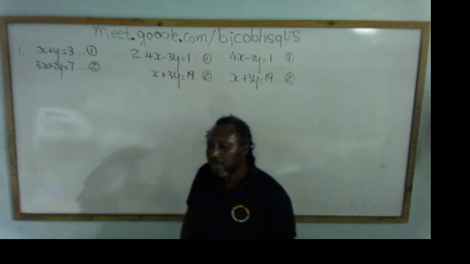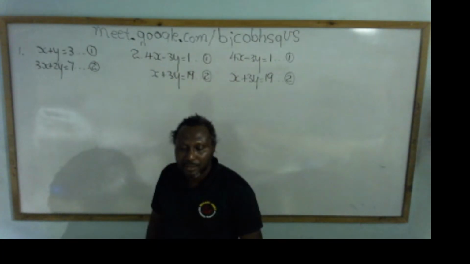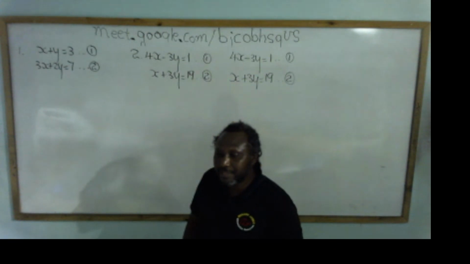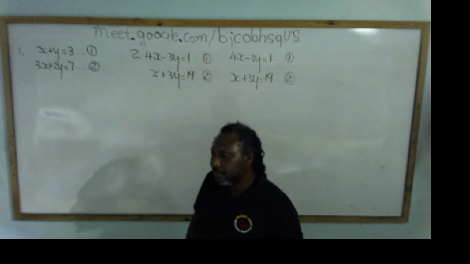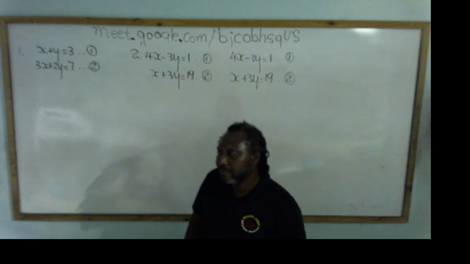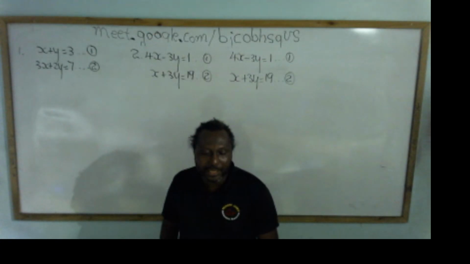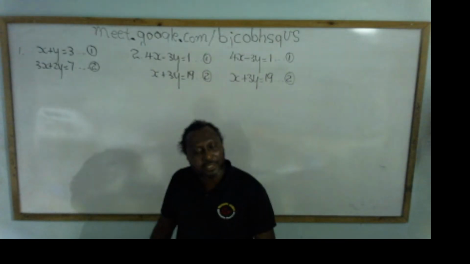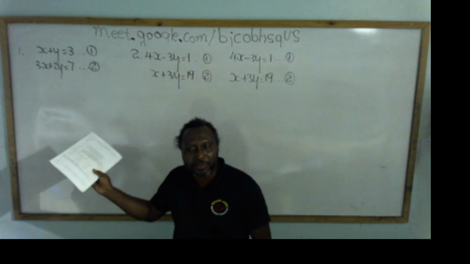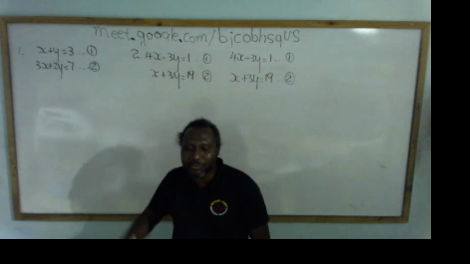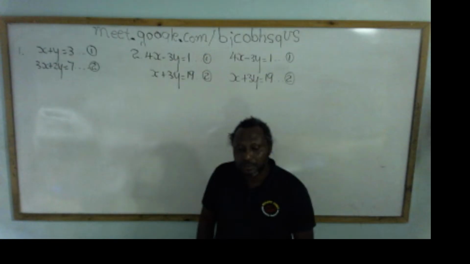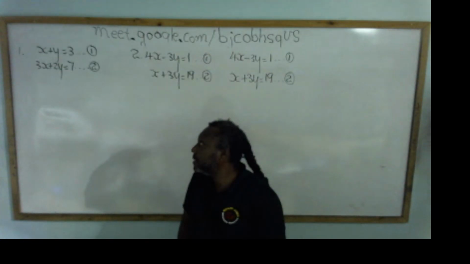On the previous occasions, we did that by the method of elimination, eliminating one of the unknowns. In this method, one of the unknowns is also eliminated, but the process we use is substitution. So substitution is what we are at today.